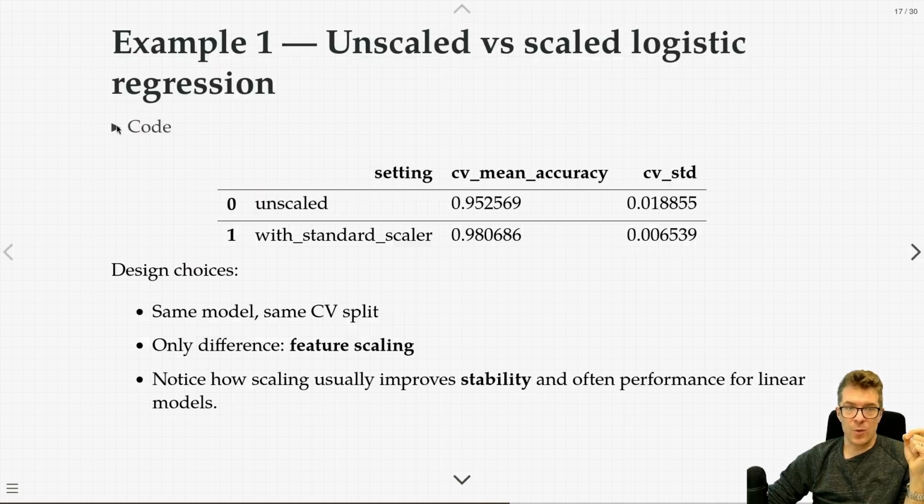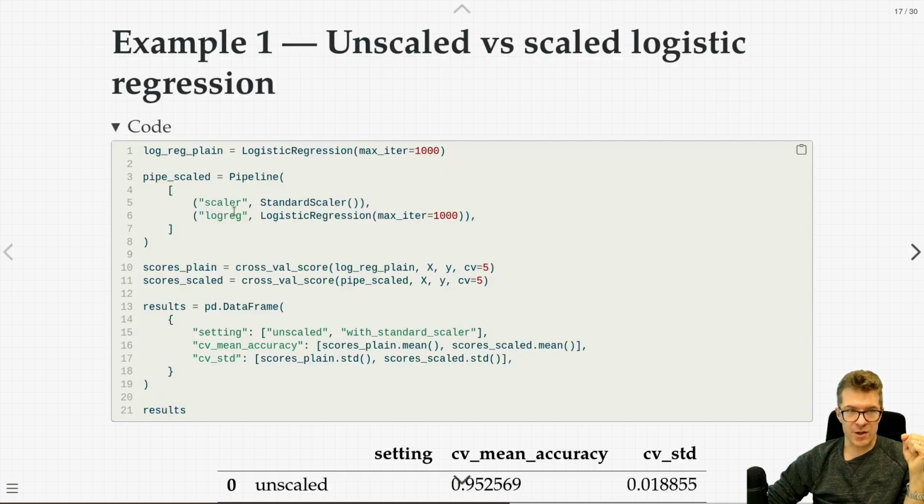Example 1 is just doing unscaled versus scaled logistic regression. We have a plain logistic regression where we're just doing straight ahead logistic regression, and then a pipeline in which we're using a scaler first, and then we're doing logistic regression. We have our cross-validation score here. We're doing cross-validation with k equals 5.